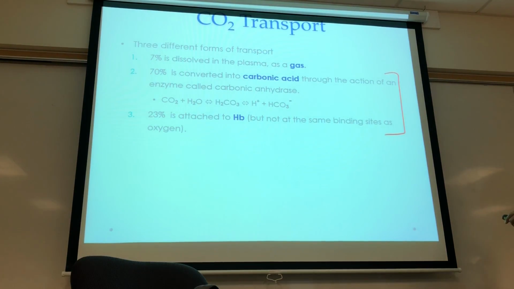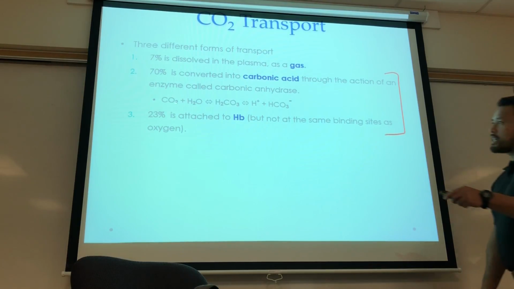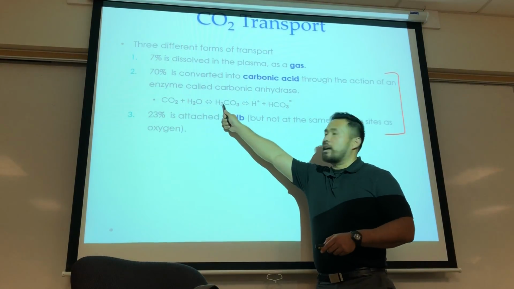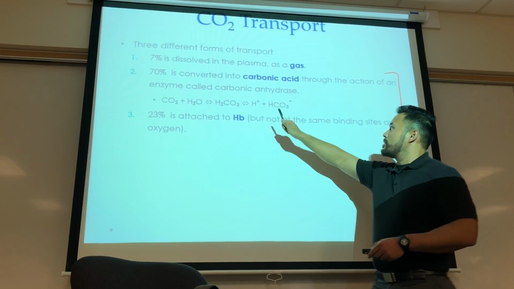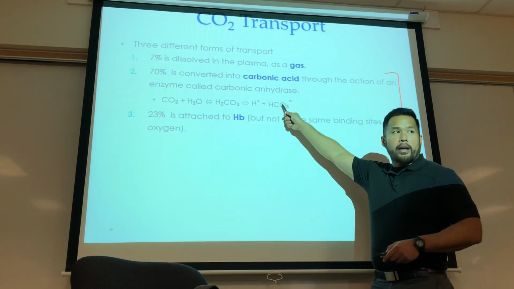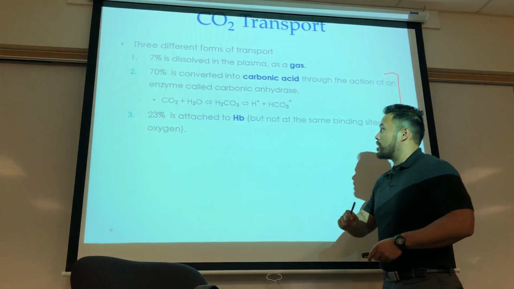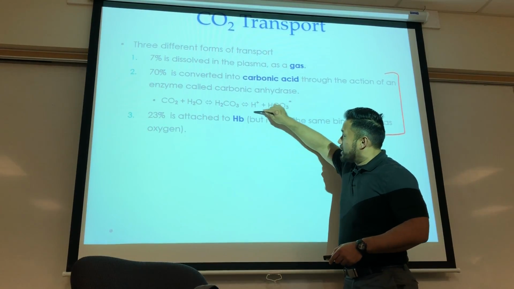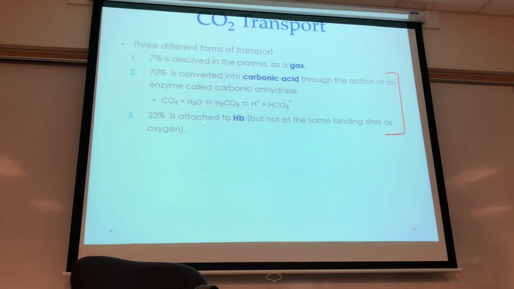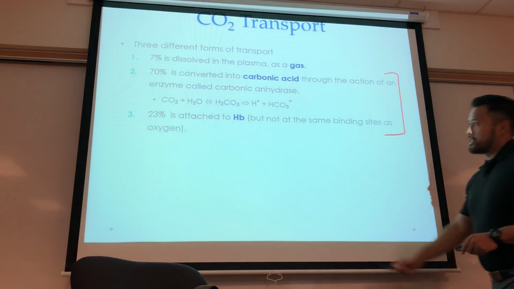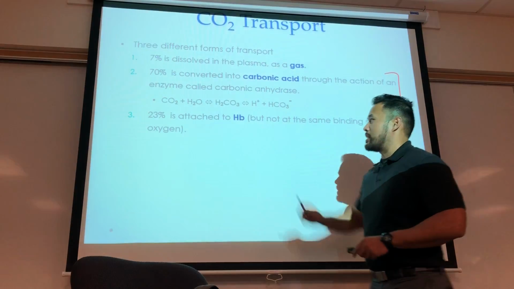But the remaining CO2 is carried through carbonic acid. All we need is CO2 plus water to make carbonic acid. And that carbonic acid, we'll take a look. Once they dissociate, we've got our bicarbonate. We'll see the role of what bicarbonate's going to do. And then lastly, we're going to take a look once again at hydrogen ion. And then the last bit, where the remainder is carried by hemoglobin in different attachment sites.